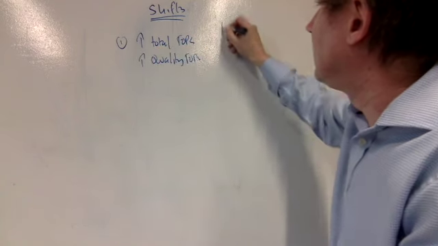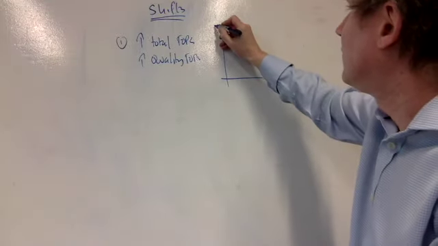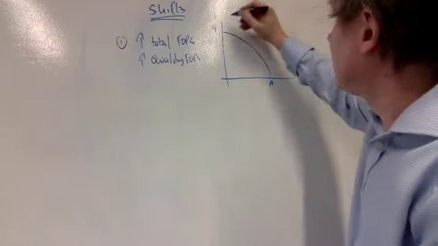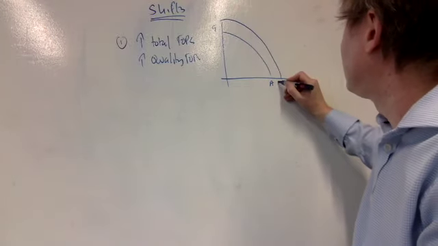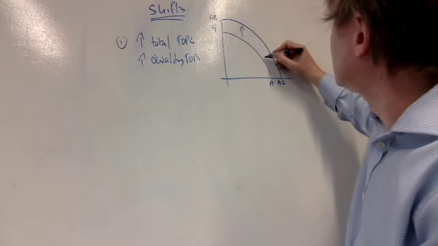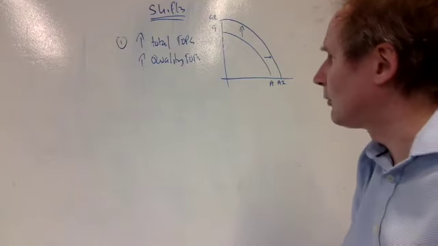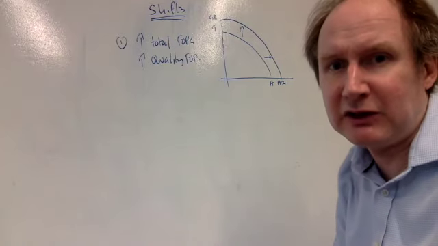And what that would mean is that instead of being able to produce A, agriculture, and G, goods, we could now produce more of both. If we had a bigger population, then we could make both more goods and more agriculture than we could before. So that would be one way in which we could escape our limit.